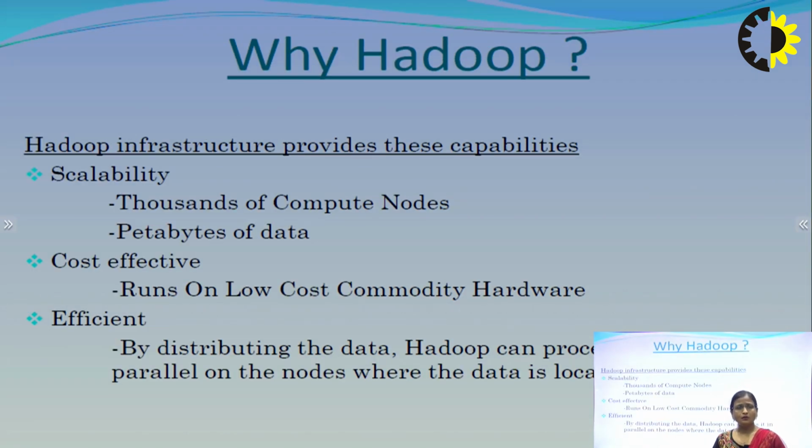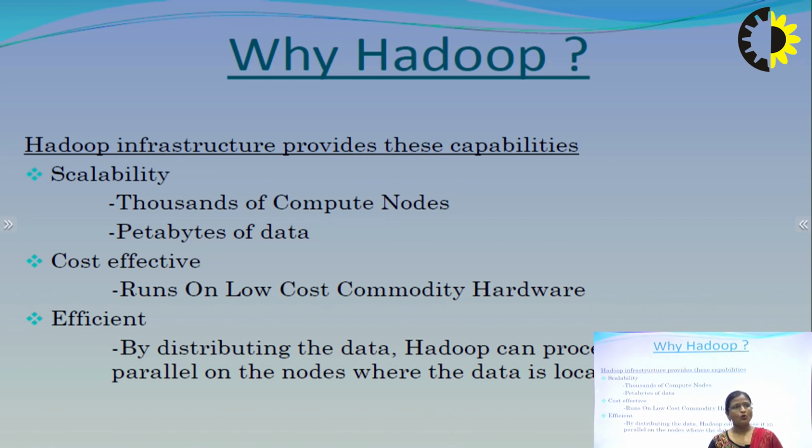Then the concept of Hadoop, why Hadoop is introduced. So basically Hadoop infrastructure provides these capabilities. First one is scalability. That means we can scale it up to thousands of compute nodes, and a petabyte of data can be handled through Hadoop.